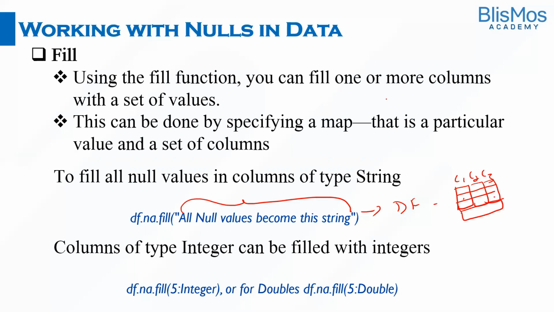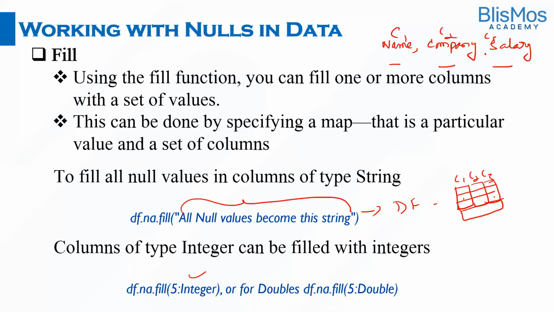Let us say you have 3 columns. One of the columns would be name, the second column would be company, and the third column would be salary. It doesn't make sense for me to fill the same value in all the 3 columns, right? In that case, we can go ahead and use a particular fill value for a particular column. That also can be done. The next way is, if you want to fill your null values with integers, that also we can do by using fill.